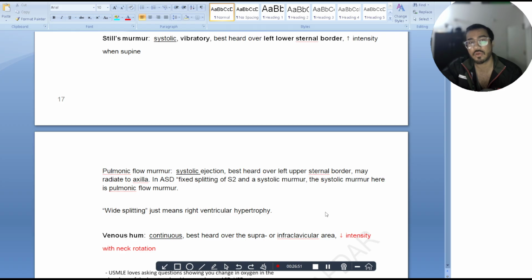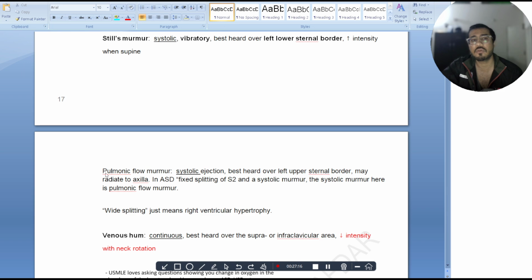In all these scenarios, there is a delayed closure of the pulmonic valve. For example, in right ventricular hypertrophy, because the right ventricle is really muscular, it's pumping a lot of blood across the pulmonic valve, so the closure of the pulmonic valve is going to be delayed. That would result in wide splitting. So wide splitting basically just means right ventricular hypertrophy, right bundle branch block, or direct pulmonic stenosis.